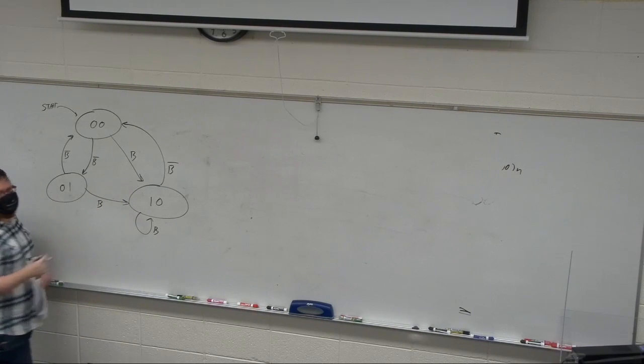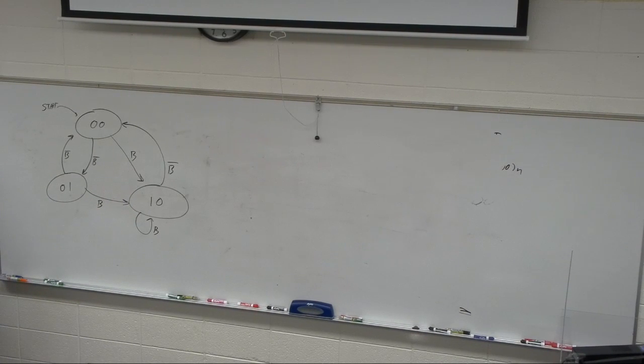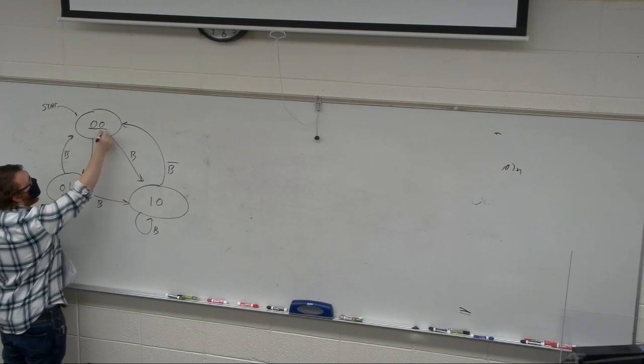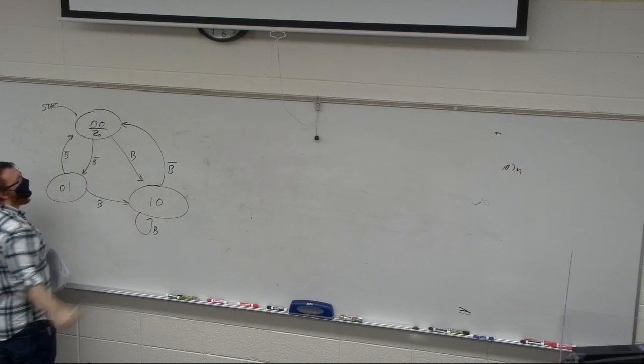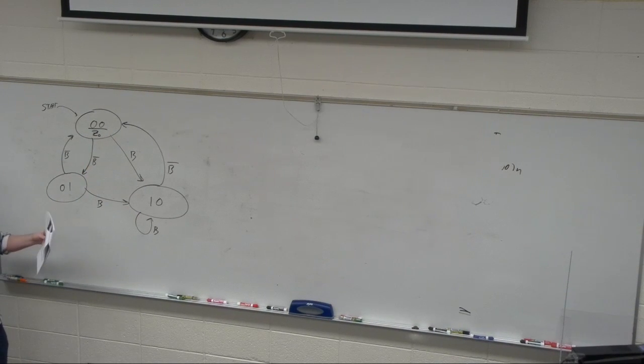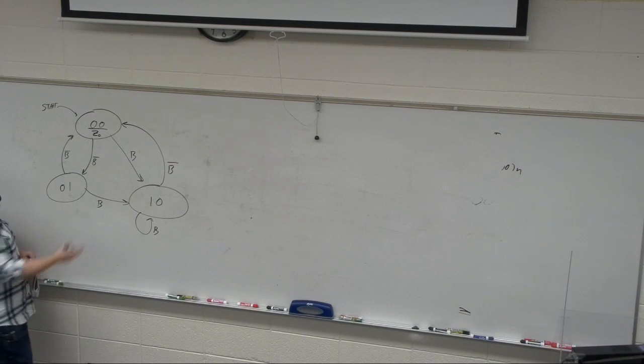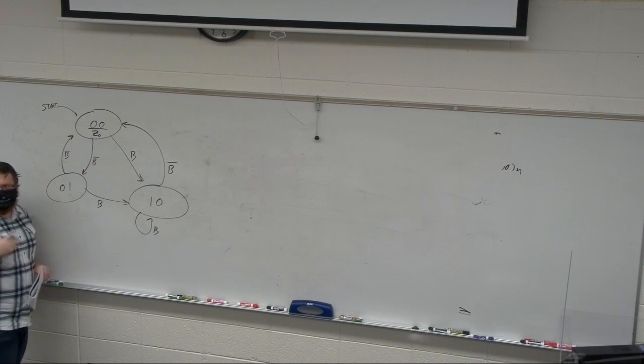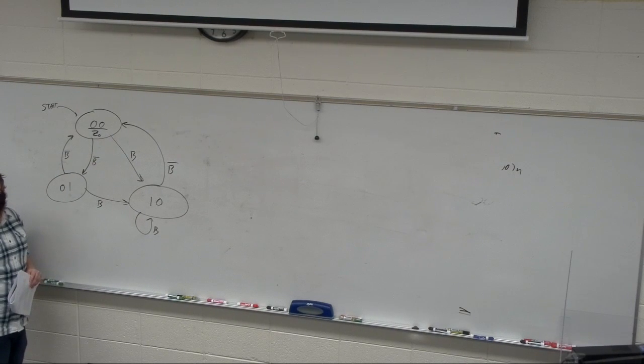Right now, we don't have any outputs. If I had a Moore state machine and I wanted output Z, I could generate these outputs inside of my state. What this means is that if I'm in state 0, I assert or set to 1 Z0.